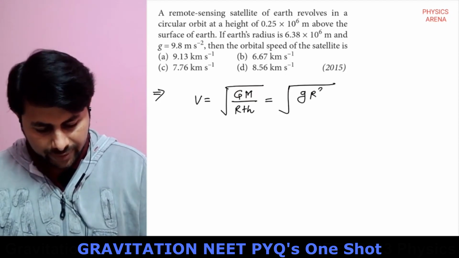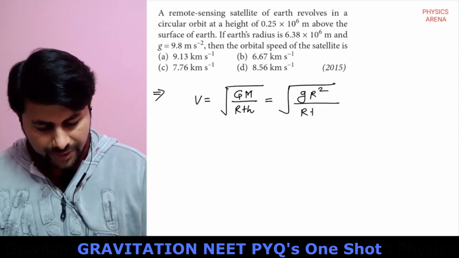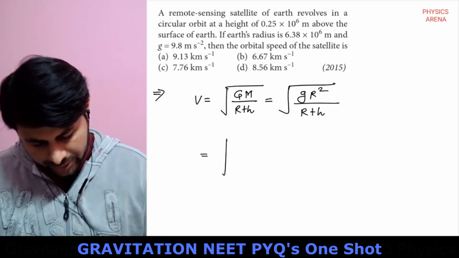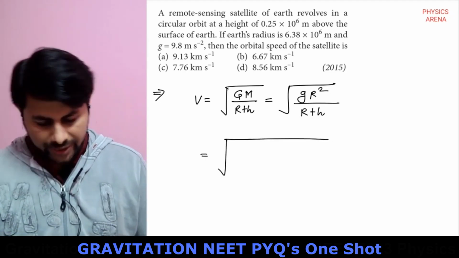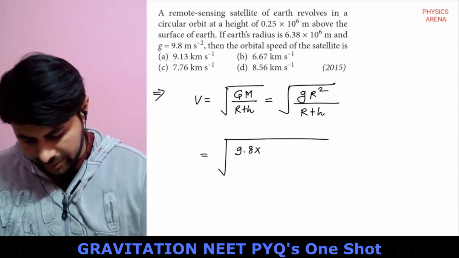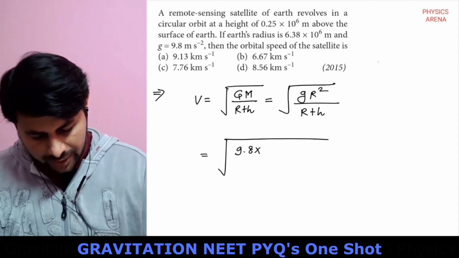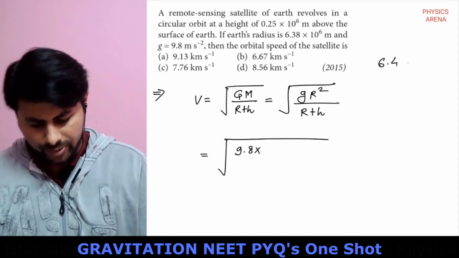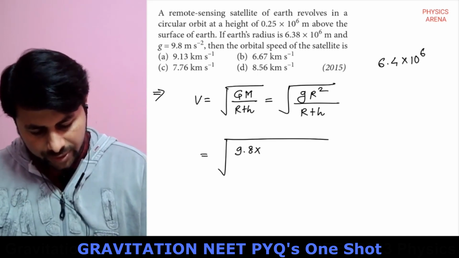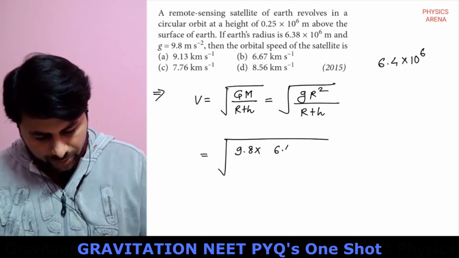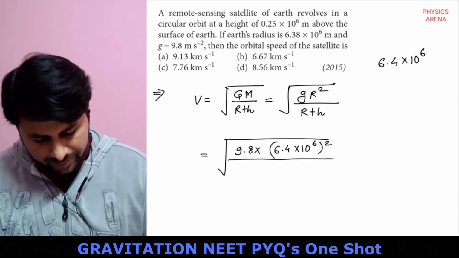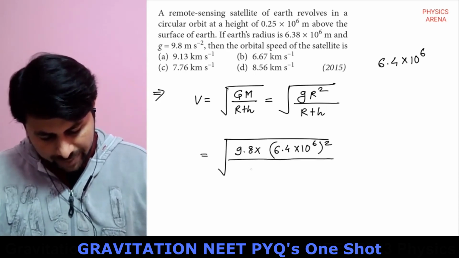The g R square divided by R plus h, and now there will be a lot of calculation in this, but we can solve it. So it is 9.8 multiplied by R square. How much is R? R is 6.4, let's do round figure, 6.4 into 10 raised to 6, and that is squared, divided by R plus h.